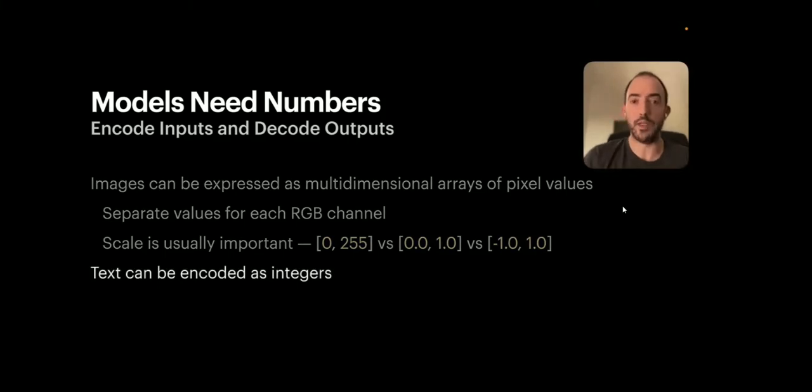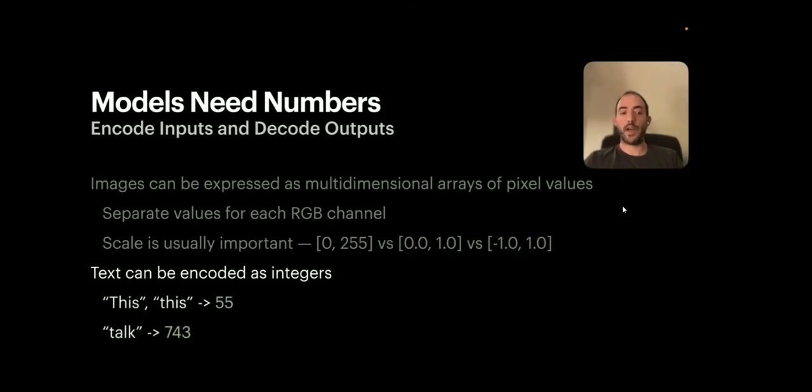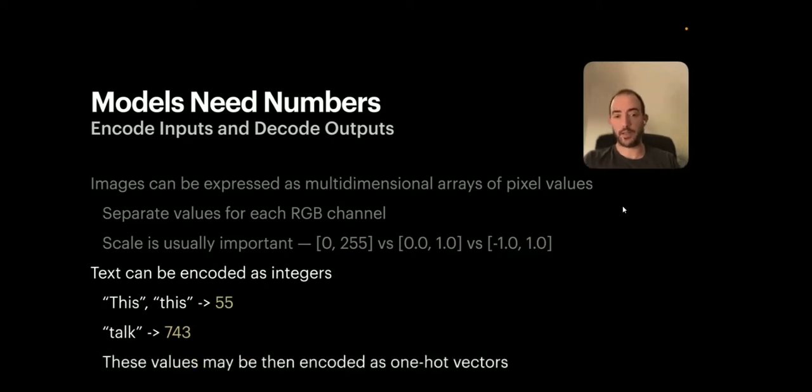Text can also be encoded as integers. A language is nothing more than a finite number of words. There might be tens, hundreds of thousands of words, but it's a finite number. So you can assign each word, essentially, a value, and this value can then be encoded as a one-hot vector, which can be passed into a model.